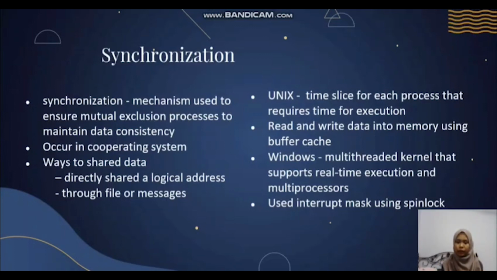On the other hand, Windows uses a multi-threaded kernel that provides support for multiple processes. Windows uses interrupt masks to protect access to global resources using a spin lock. Windows provides dispatcher objects for thread synchronization according to several different mechanisms, such as mutex, semaphore, and so on.